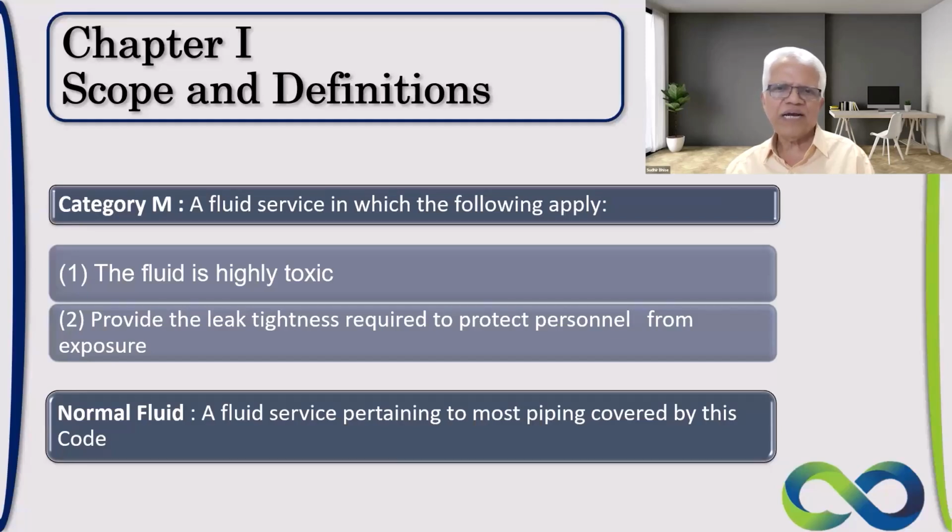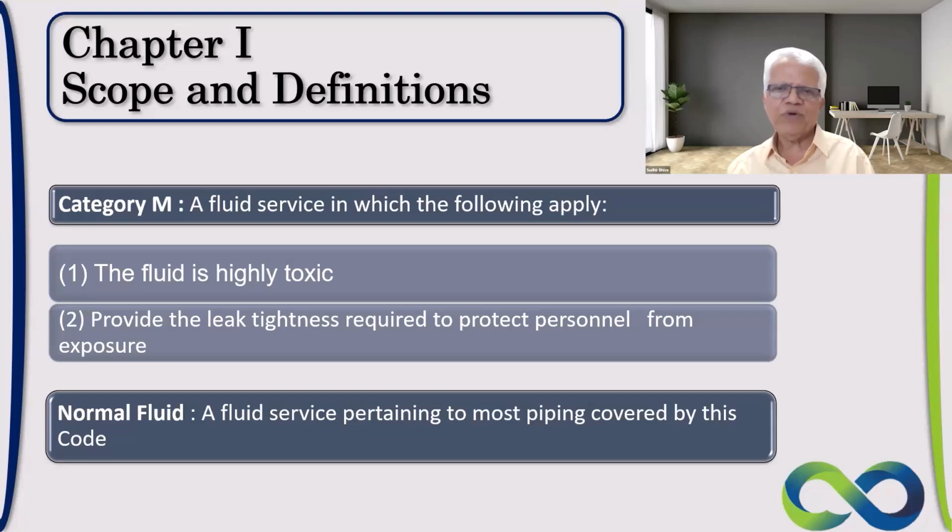We are going to see one chart later on, given in one of the annexures of the code, a very simple bar chart which gives a good guideline on how we decide on Category D or Category M fluid services. Steam does not come under Category M fluid. It is not causing serious irreversible harm. The definitions are very clear.